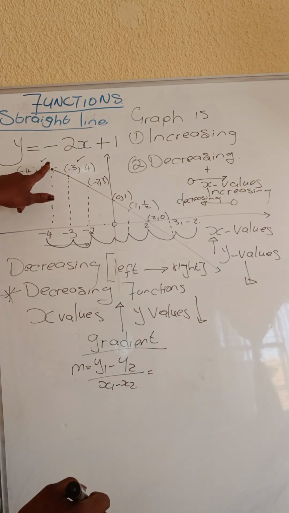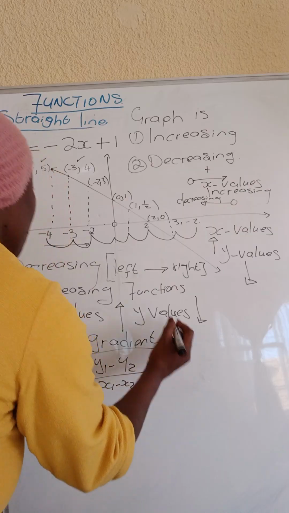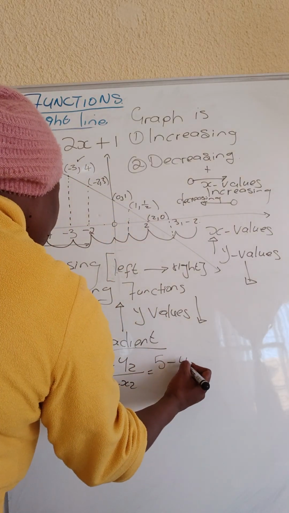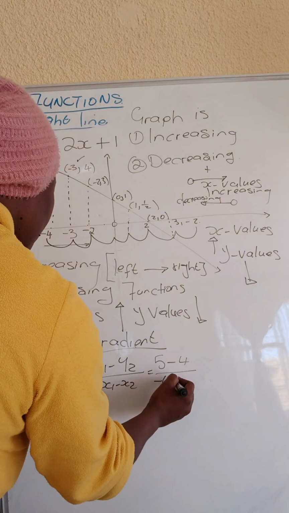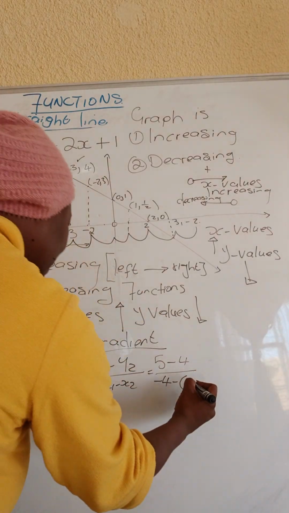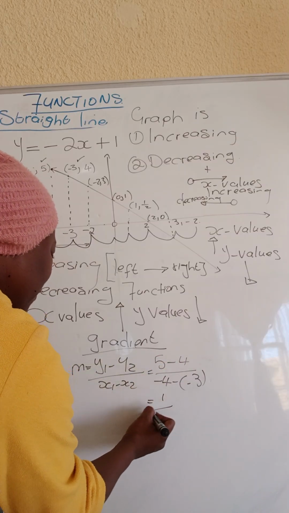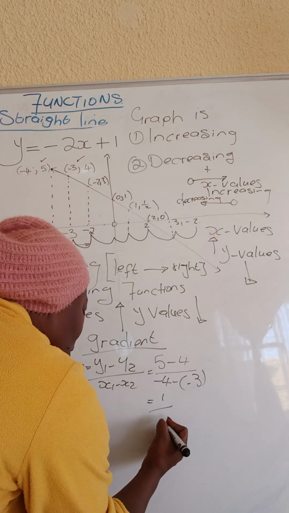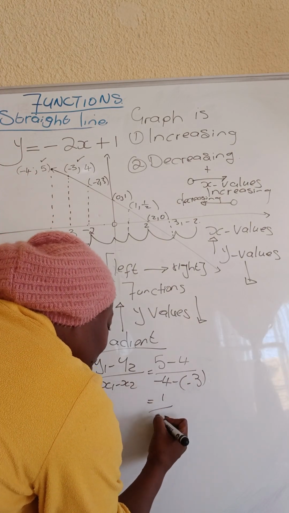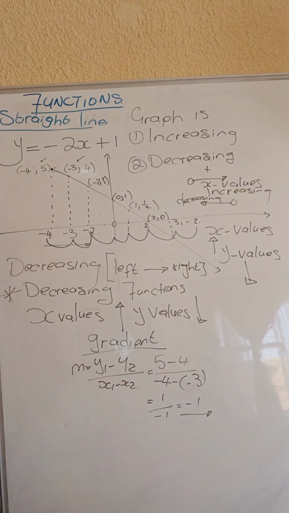So it is 5 minus 4, divided by -4 minus -3. 5 minus 4 is 1, divided by -4 plus 3, which is -1. So the gradient here is -1.